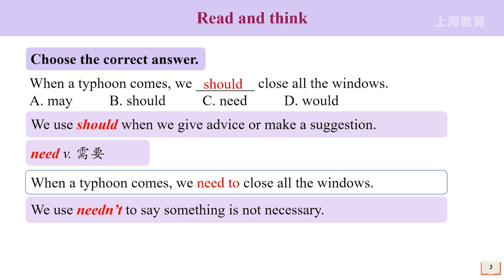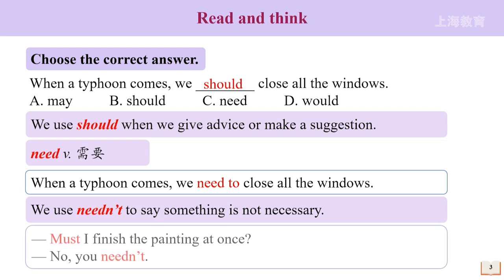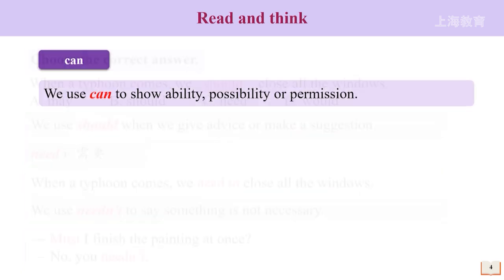We use needn't as a modal verb to say something is not necessary. We often use needn't in active response to a general question starting with must. For example, must I finish the painting at once? No, you needn't.